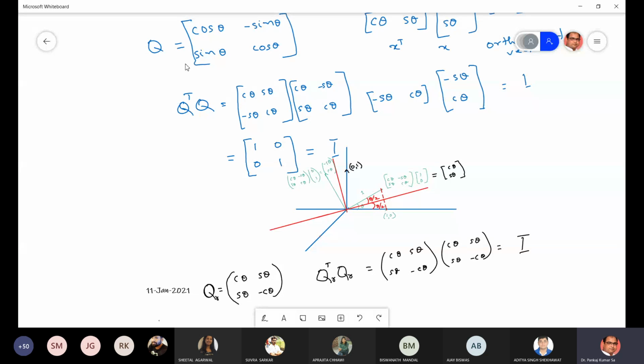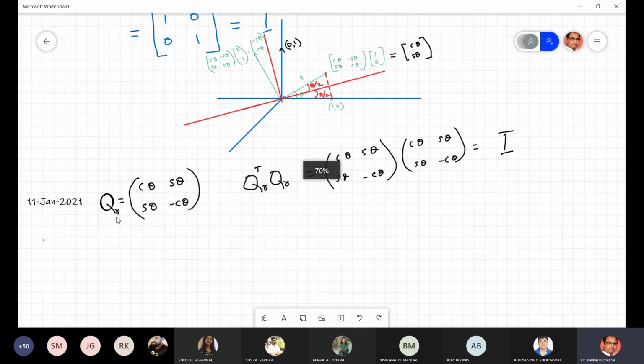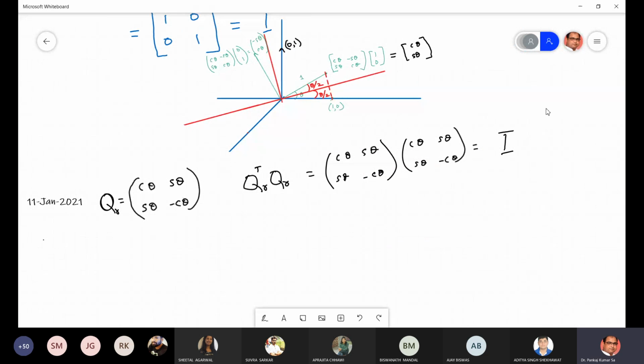Q, we talked about as a rotation matrix. And you will be surprised, this QR is actually a reflection matrix.